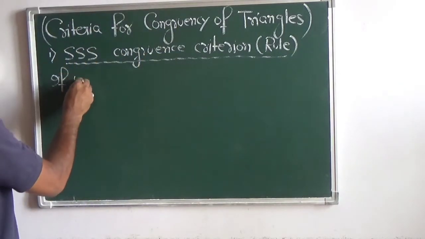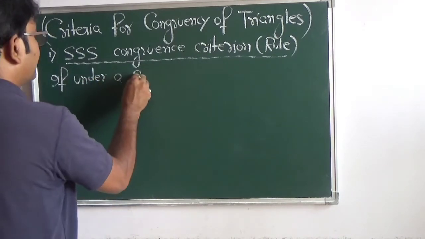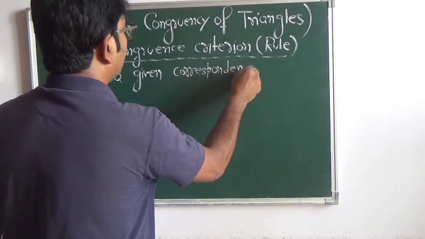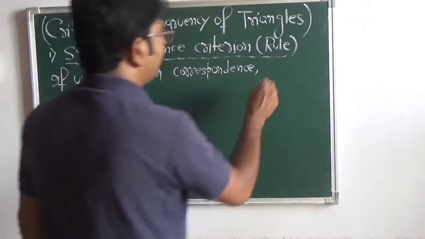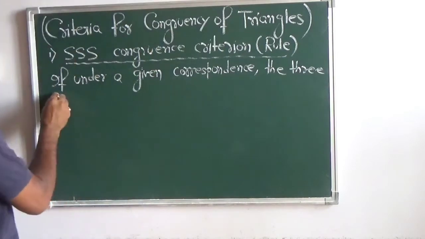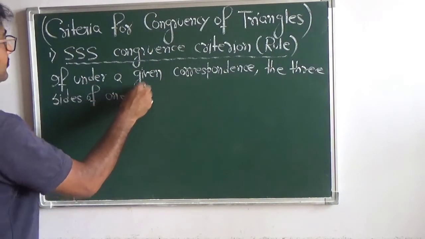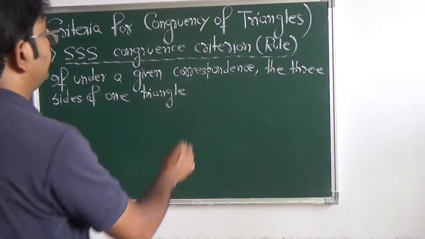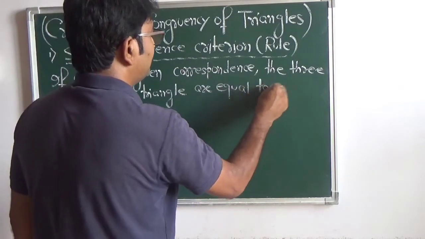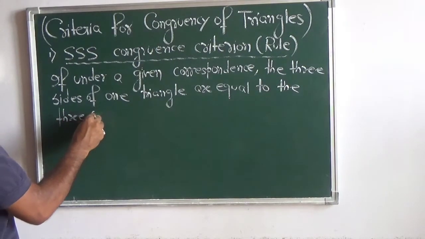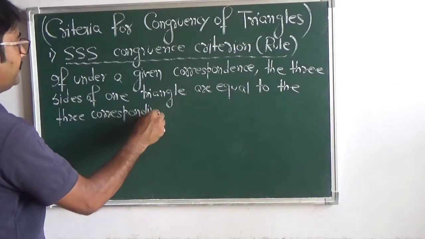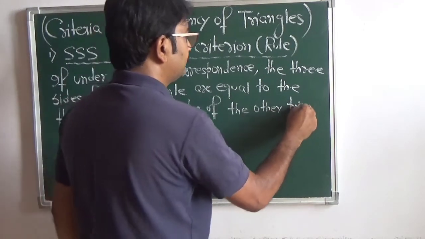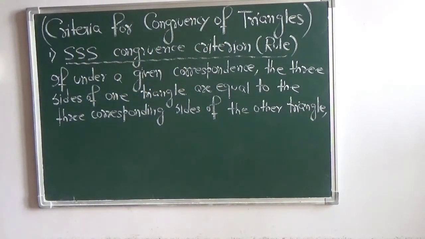Write down, if under a given correspondence the three sides of one triangle are equal to the three corresponding sides of the other triangle, then the triangles are congruent.